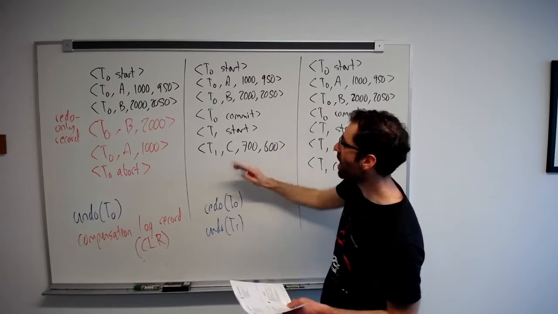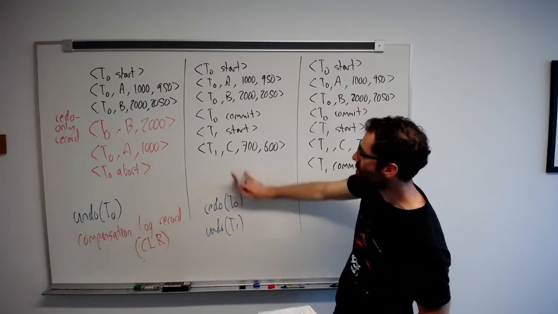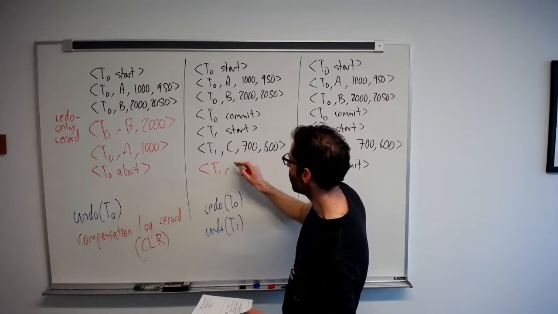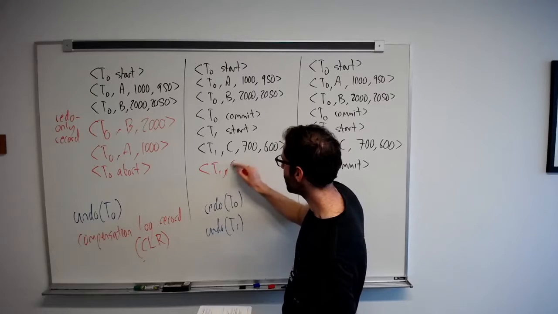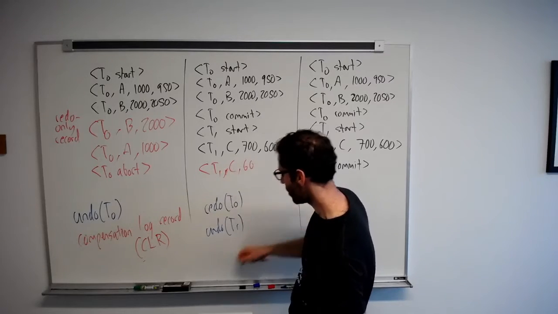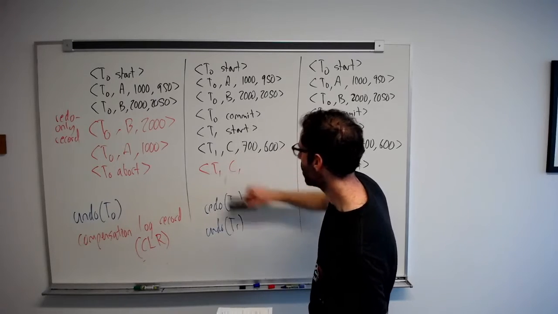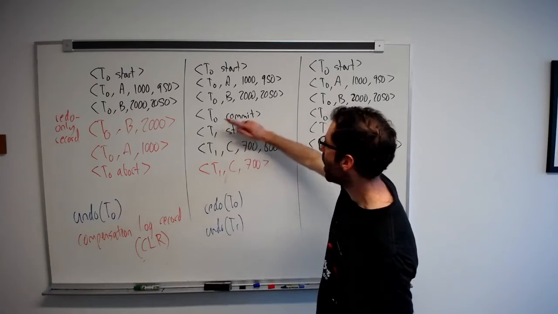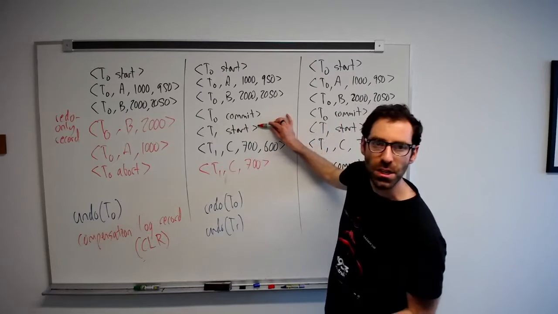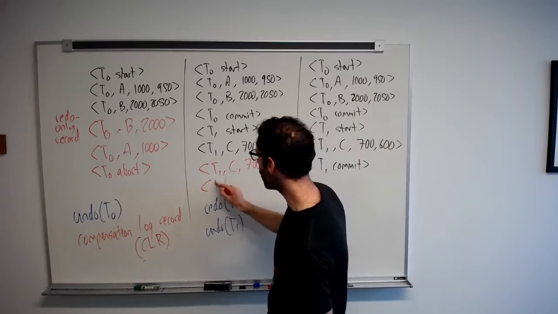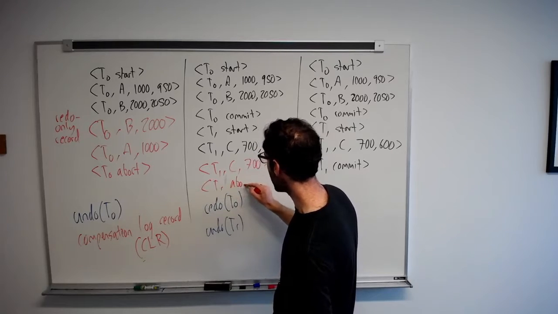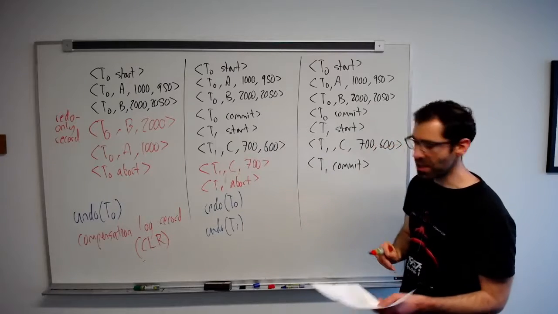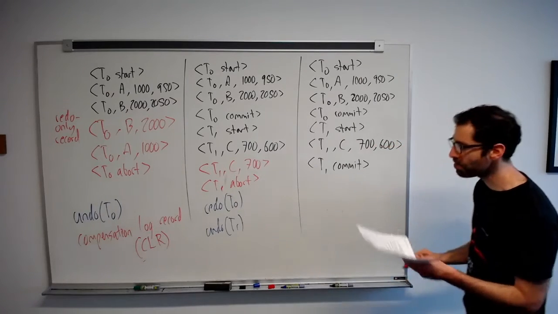C is 600, and now we undo T1, to say, all right, T1 changed C. We're setting it back to 700, and now we've gotten back to the start of T1, so we have successfully rolled it back, and we can add T1 abort to our log.